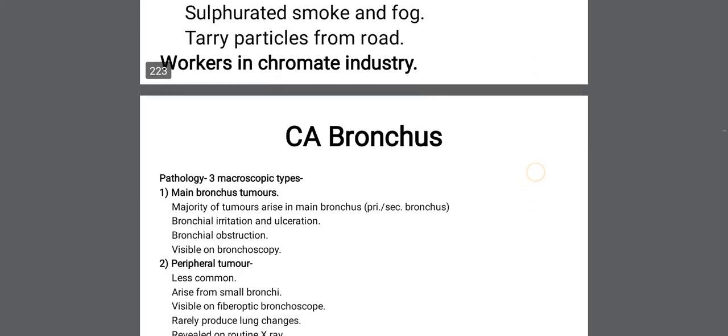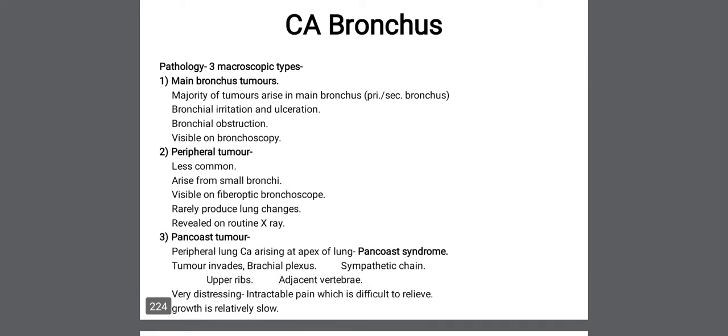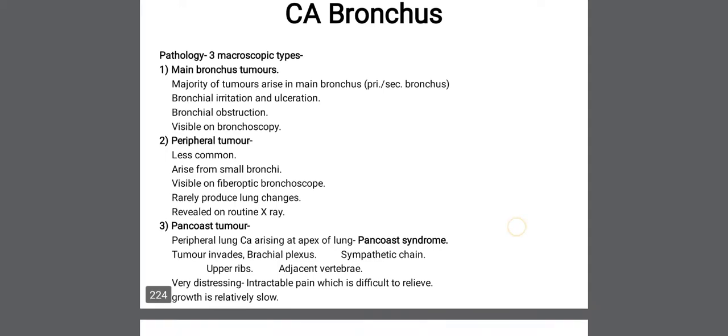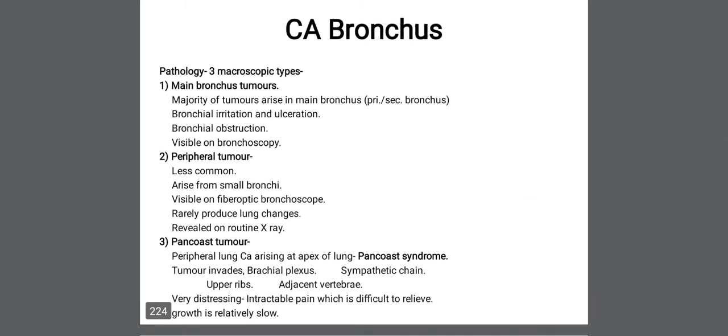Now we'll see the pathology of CA bronchus. The pathology includes three macroscopic types. First one is main bronchus tumor, second one is peripheral tumor, and third one is Pancoast tumor.